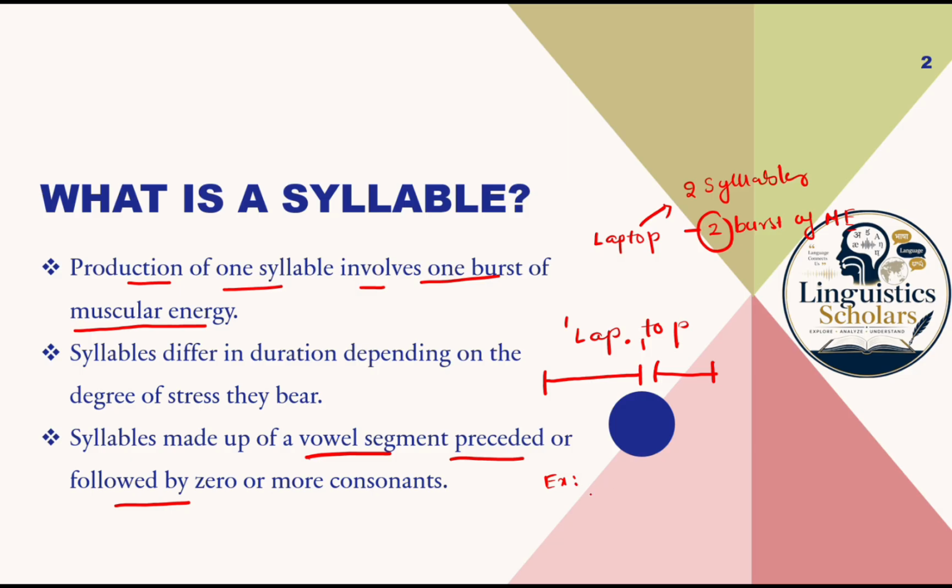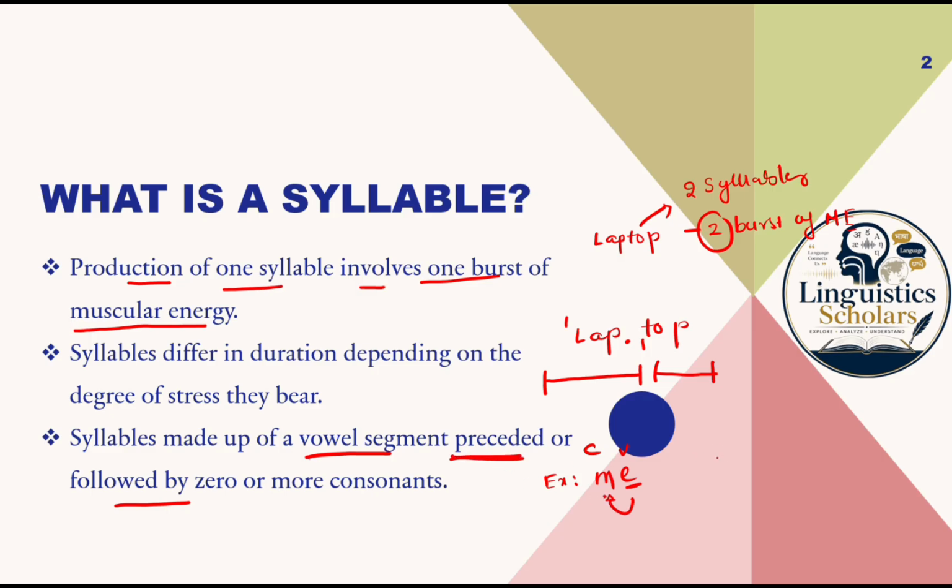Syllables are made up of vowel segments, so vowels are the core of the syllable, which are preceded or followed by zero or more consonants. So when I say me, as you can see here, this is the vowel and this is the consonant that occurs before the vowel, that precedes the vowel.